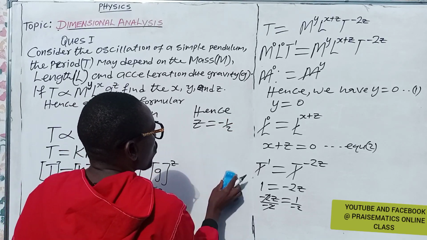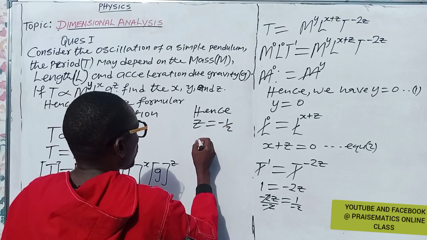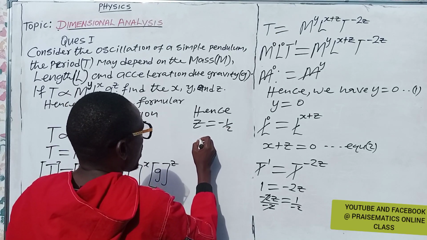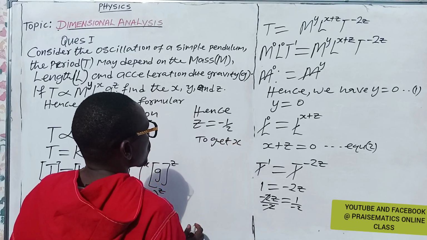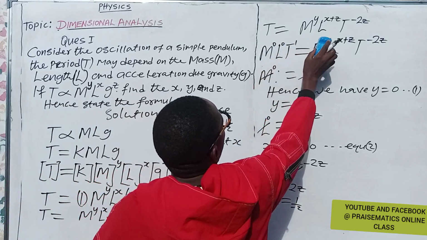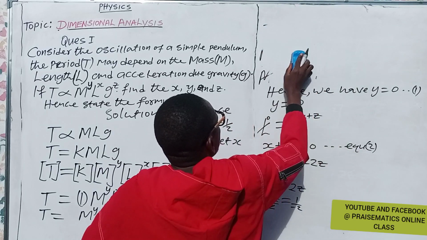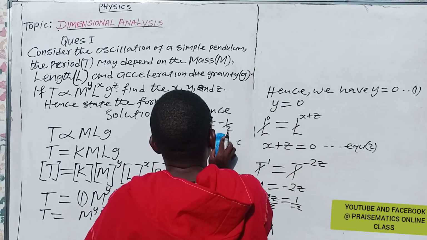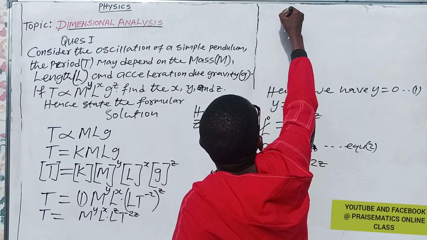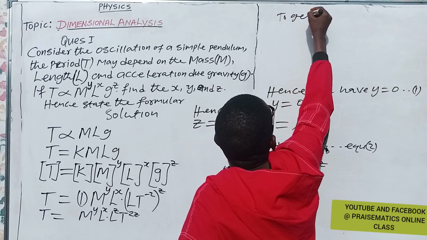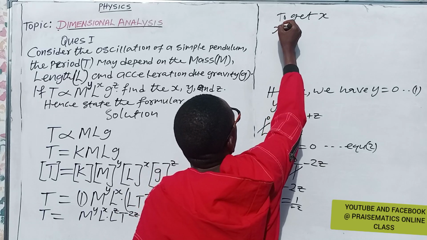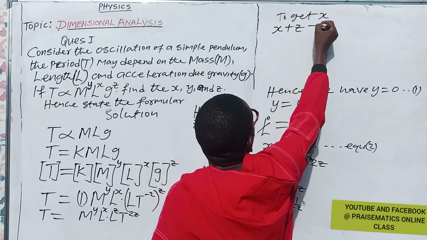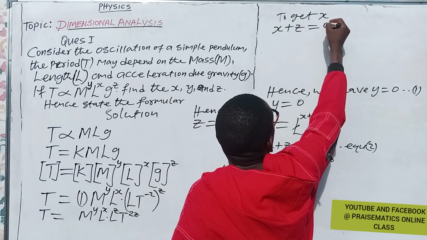Okay, to get x, let's find our x up here. From equation 2, we have that x plus z is equal to 0.